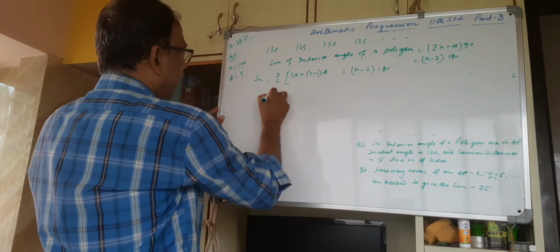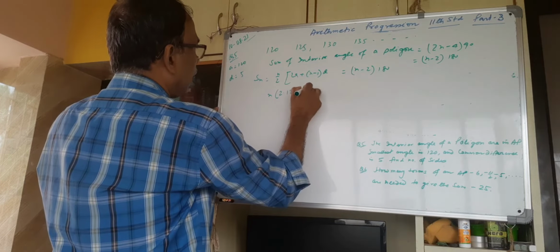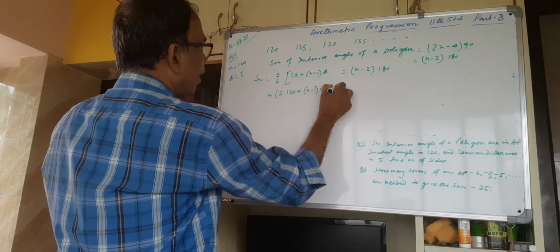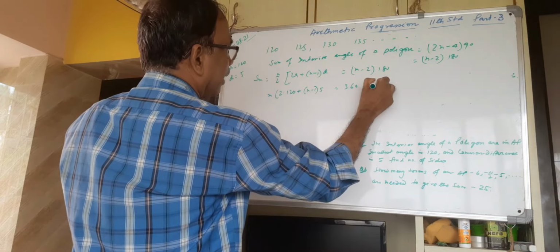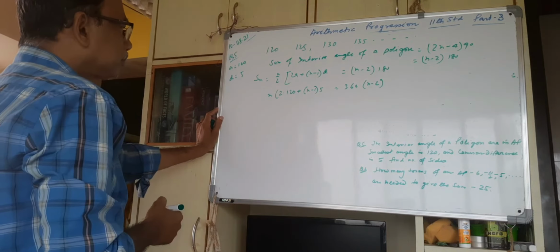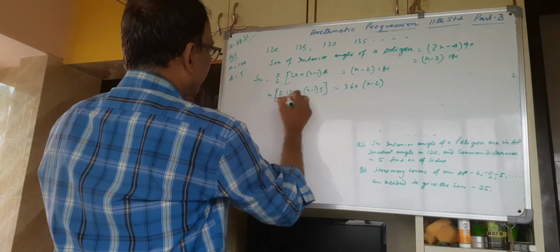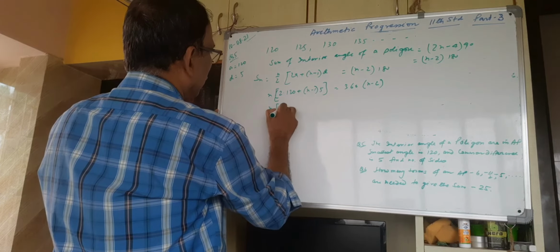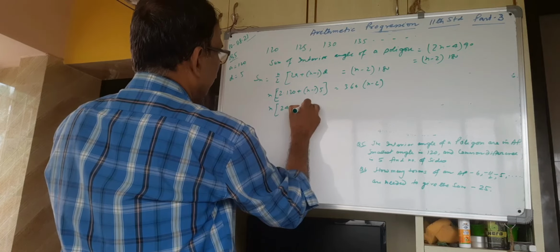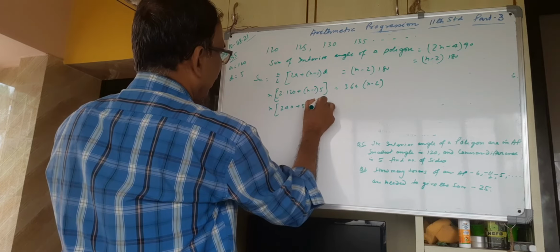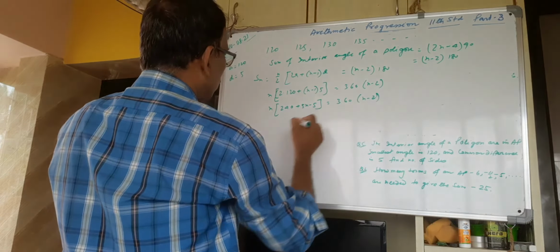That is n into (2 into 120 plus (n minus 1) into 5), because 2 is coming here, equals 360 (n minus 2). That is n(240 plus 5n minus 5) equals 360(n minus 2).